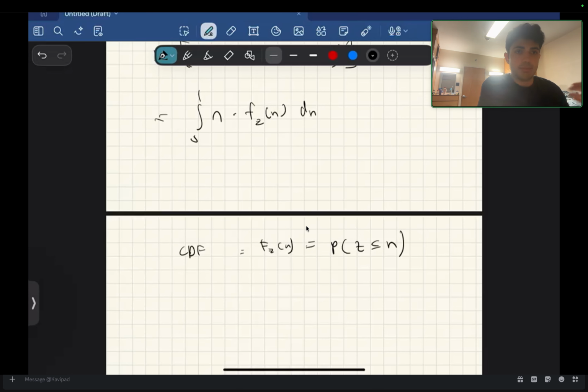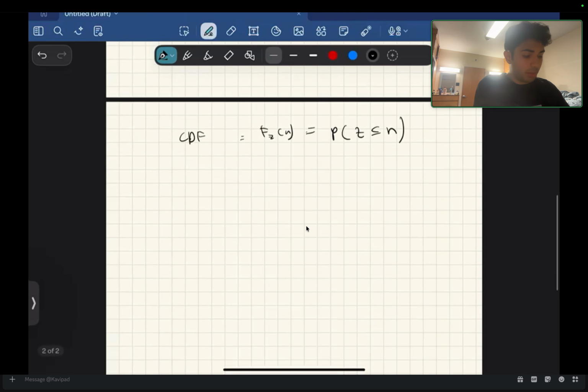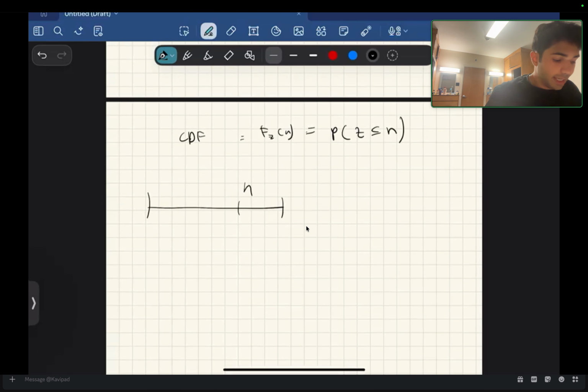The probability of Z being at most n, the max being at most some number n, is equal to the probability of x1, x2, x3, etc., all the way to x500, all being at most n.